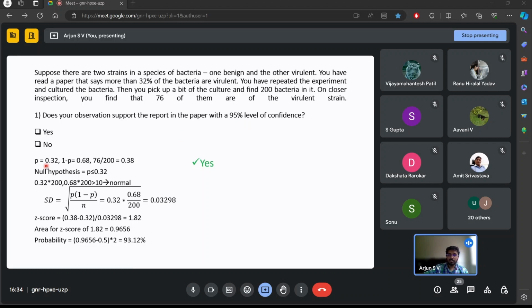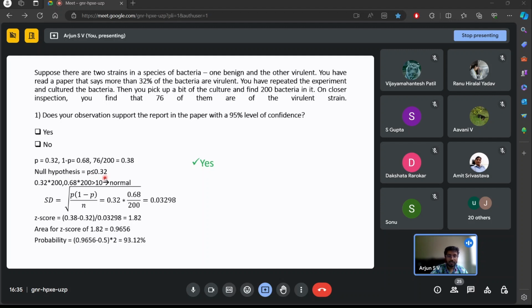We write down our values: the p value is 0.32, 1 minus p is 0.68, and 76 virulent bacteria out of 200 gives 0.38. Now you form a null hypothesis saying that the probability of virulent bacteria is less than 0.32, and you perform your statistical tests to find whether the probability of this null hypothesis is actually greater than 95%.